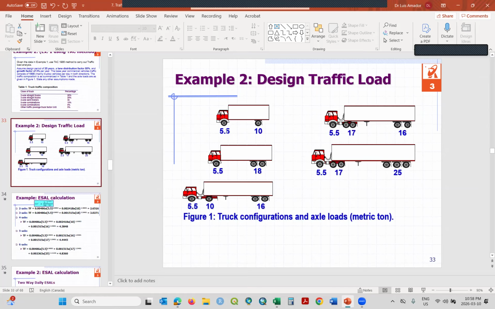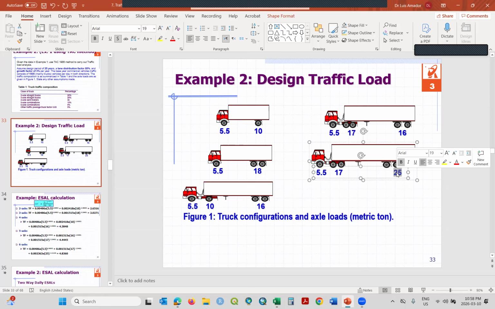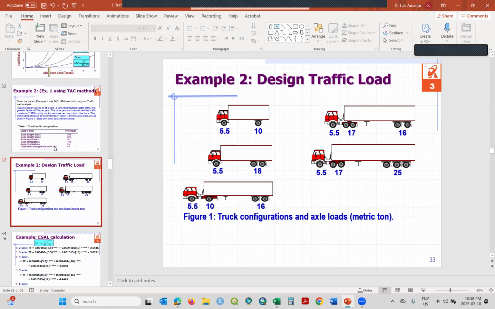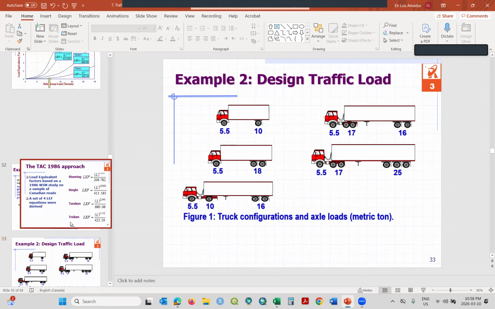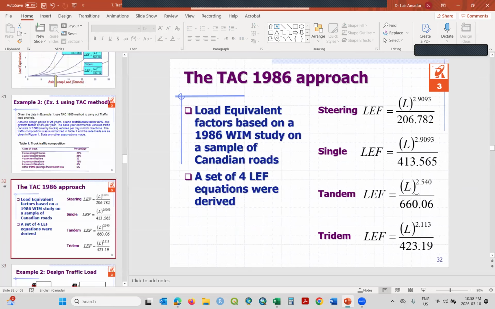And we take the loads that were given to us. So here we have 5.5 tons, 10 tons, 18 tons, 16 tons, 17 tons, metric tons, 25 tons, etc. So we will take this and we will use these equations.